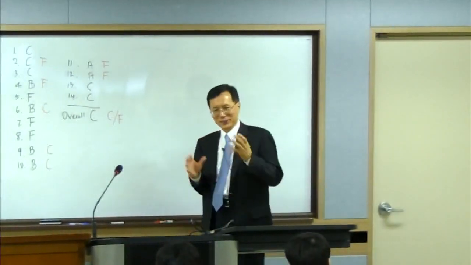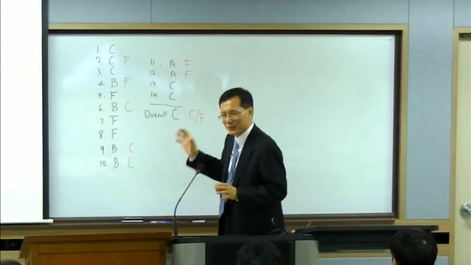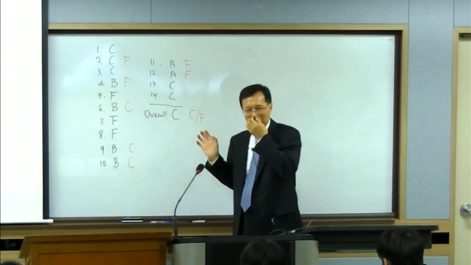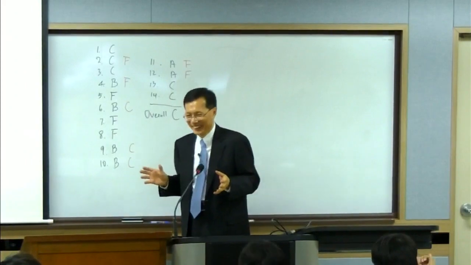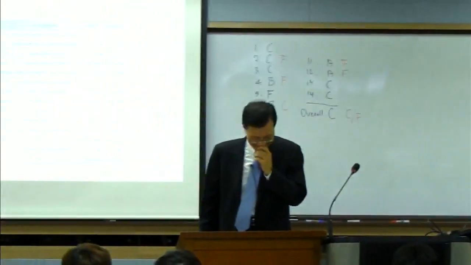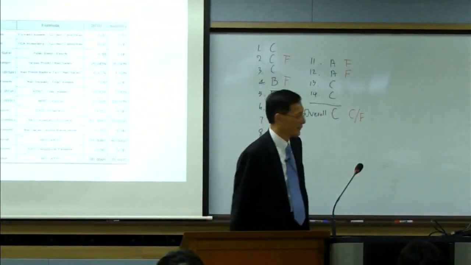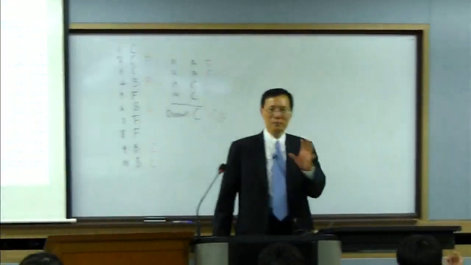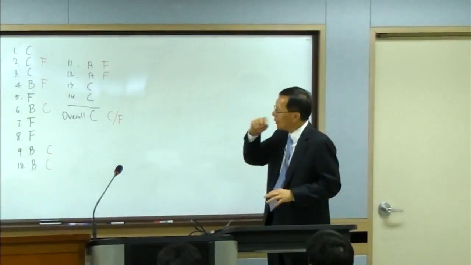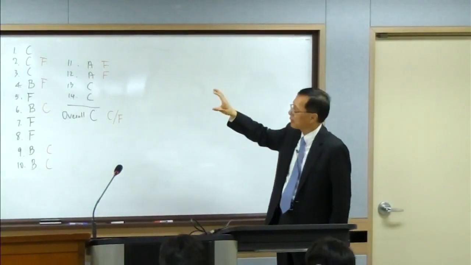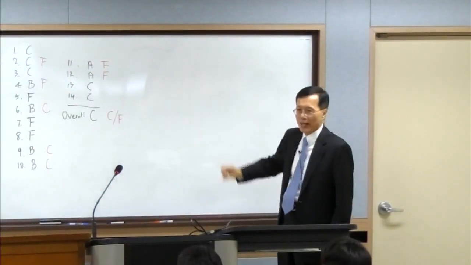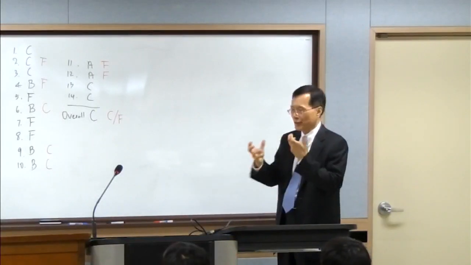Okay, so notice how tough I am in grading. So, are you getting nervous about it? Okay, for the next 10 minutes, I'm going to give you interpretation, primarily for those that have a difference between you and me.